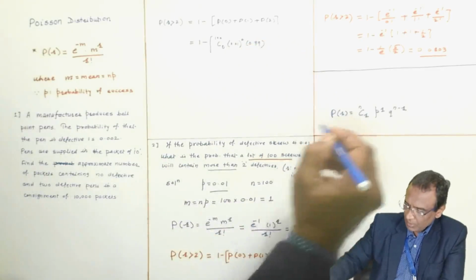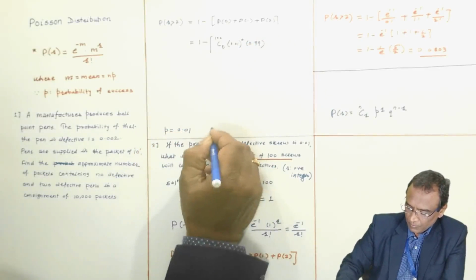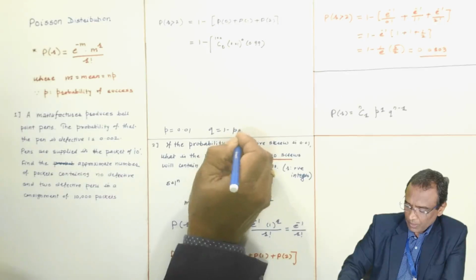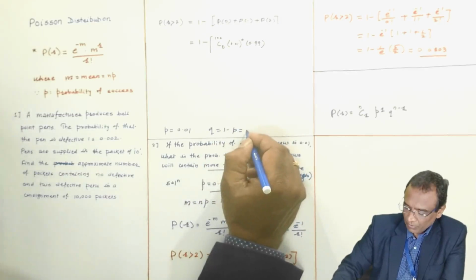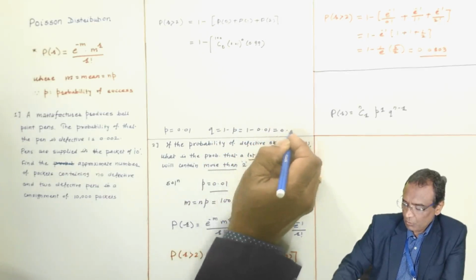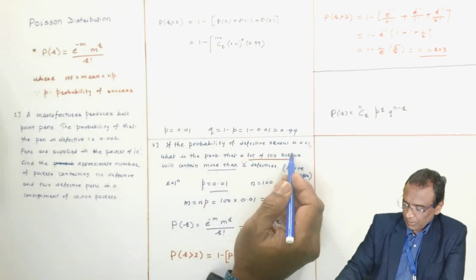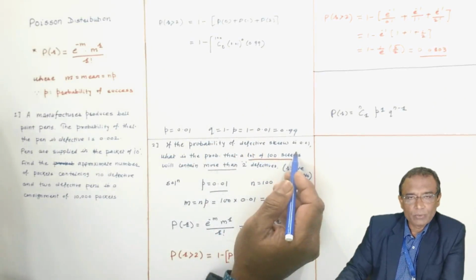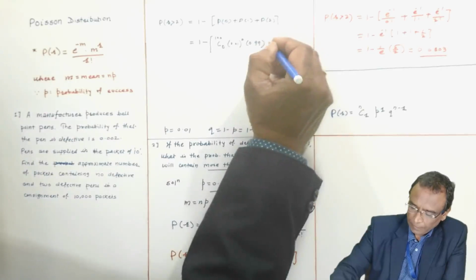P is 0.01. Therefore Q is 1 minus P. Probability of success and probability of failure. Q is the probability of failure. In that way, 1 minus 0.01 is 0.99. P is the probability that the screw is defective, and Q is the probability that the screw is not defective.